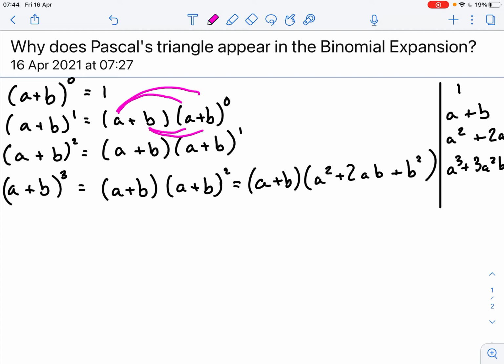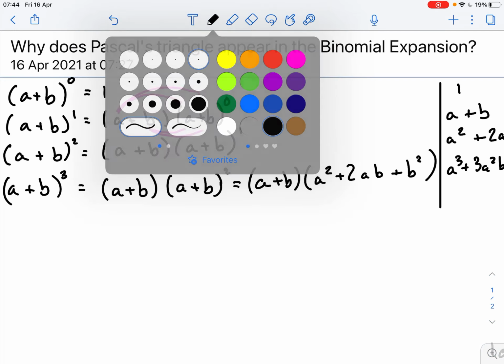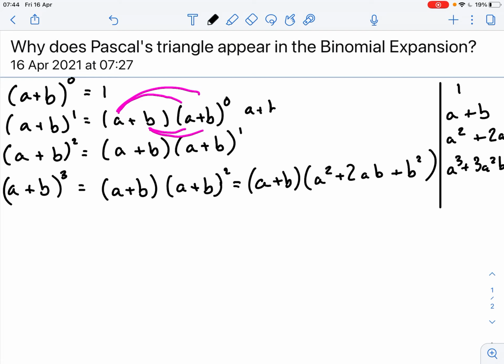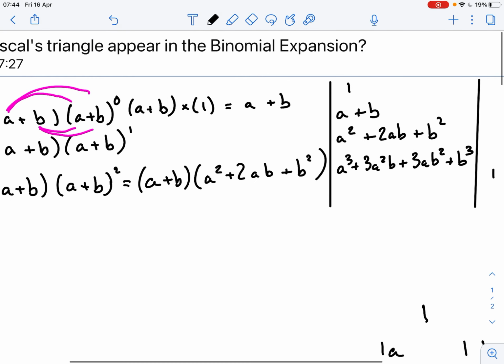So in a plus b to the 1, all you've really got is a plus b times the previous result, which is 1, which is why we end up with 1a and 1b. Makes sense.